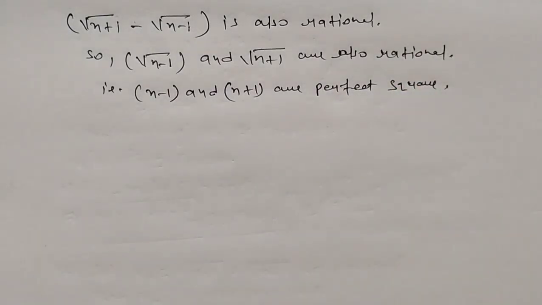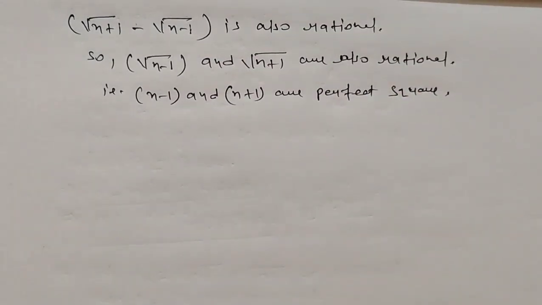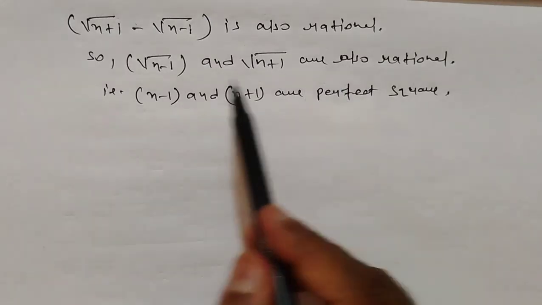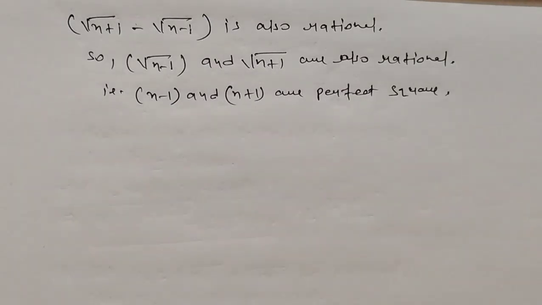Otherwise this may be irrational, so this will be completely perfect squares because of this reason.